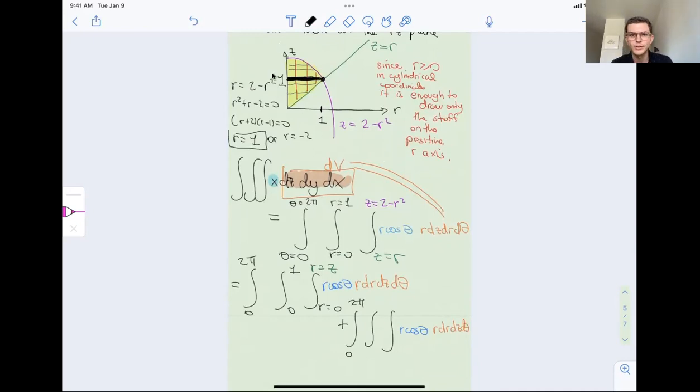But let's look at the stuff above the thick segment. So it starts still when r equals 0, but now ends on the purple line. And the purple line now needs to be solved for r. So r squared equals 2 minus z, right? So r equals root of 2 minus z.